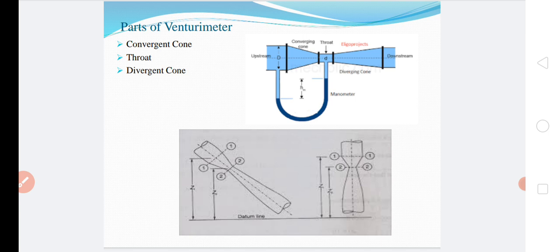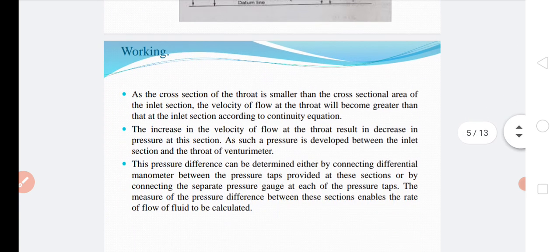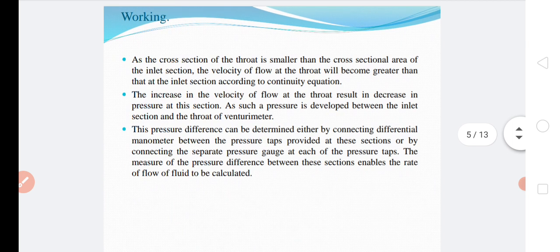Now, the working principle of the venturimeter. What happens? The cross-sectional area of the throat is smaller than the cross-sectional area of the inlet section, which I have already discussed some time ago.